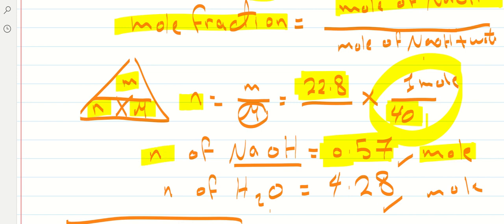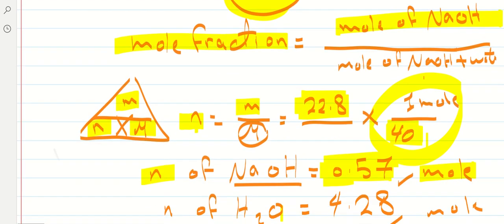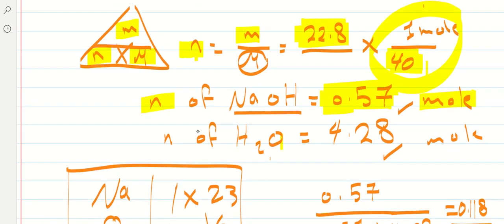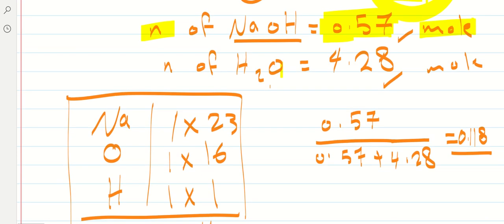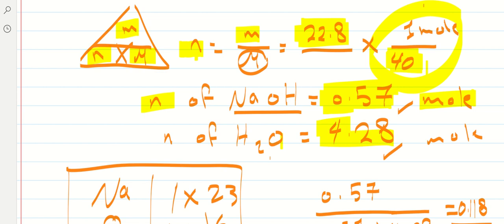Exactly the same you are going to do for water: number of moles equals mass in grams, which is 77.2, divided by 18, so the answer will be 4.28. Exactly the same way: number of moles equals mass in grams divided by molar mass.